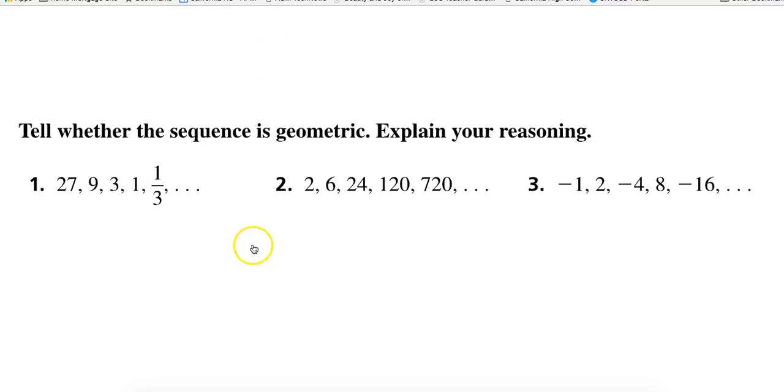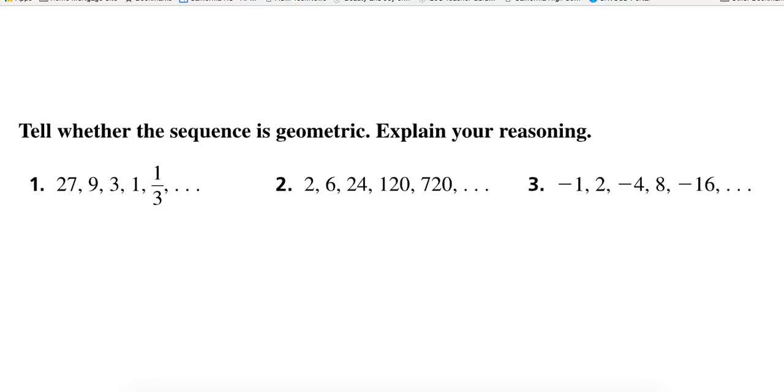For your answers for 1, 2, and 3, the first part of your answer should be yes or no. If you answer yes, tell me what r equals. So yes, r equals what? Go ahead and take the time to answer this now.